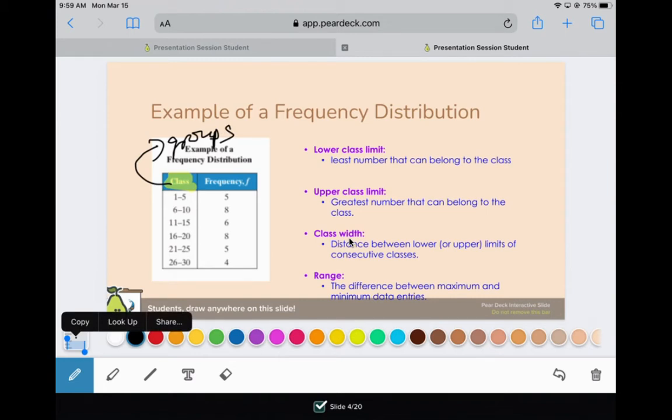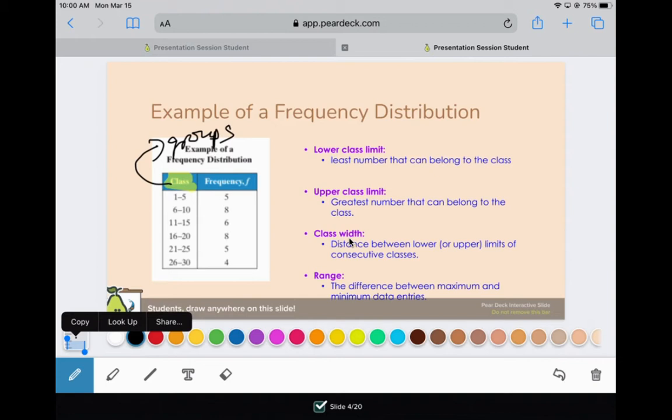Think about at NTA or any high school, we talk about classes. We have the freshman class, the sophomore, the junior, and the seniors. And then the frequency is how many sophomores, how many seniors, how many juniors are in that class or in that group. So that's the frequency, it tells how many.